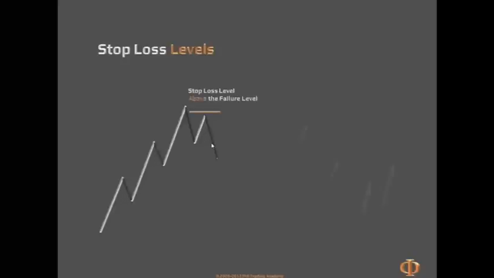And when we get a failure swing like here to go long, we place our stop loss again below the failure level. So until now we have completed 2 out of the 3 required elements of having a system.